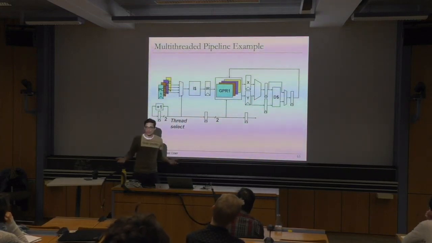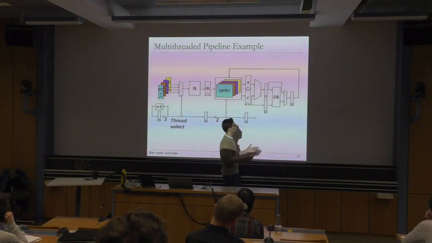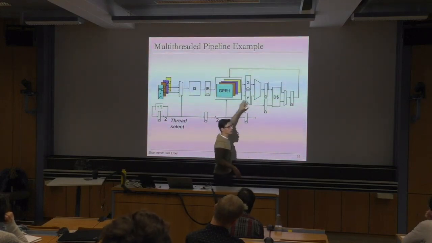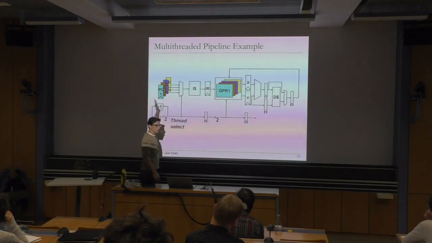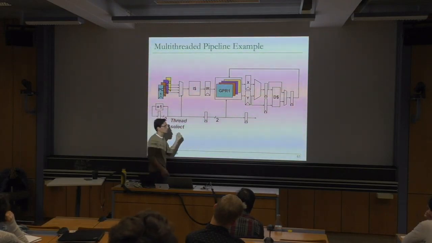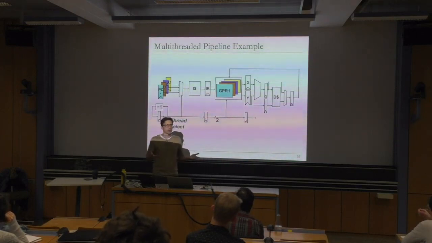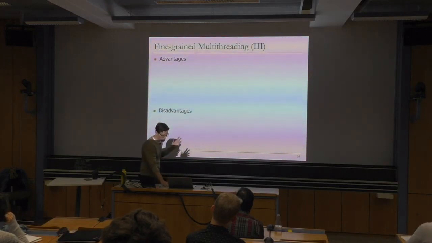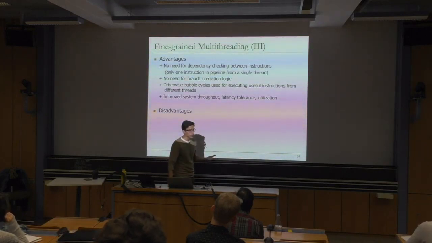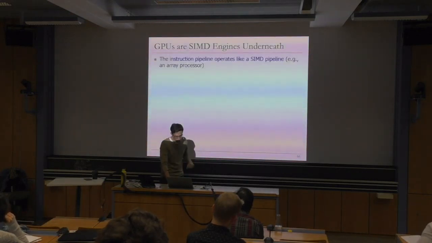And if it belongs to a different thread, then it doesn't need to stall, right? And probably the next instruction that belongs to the same thread is not yet issued. When we start executing this dependent instruction, we have already finished with the memory access. So that's essentially what fine-grained multithreading means. This is something that we can find in CPUs, but we can also find in GPUs, as we are going to see. Okay, let's start with the GPUs.